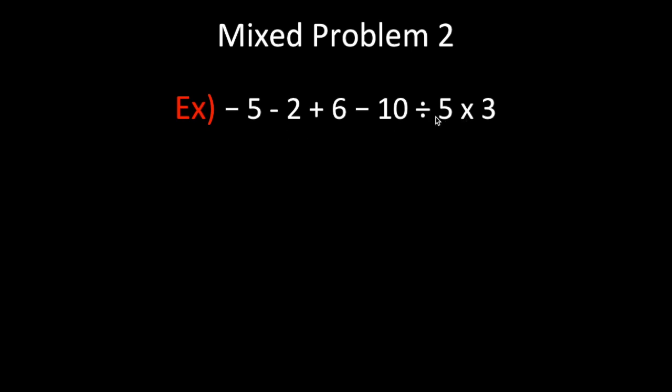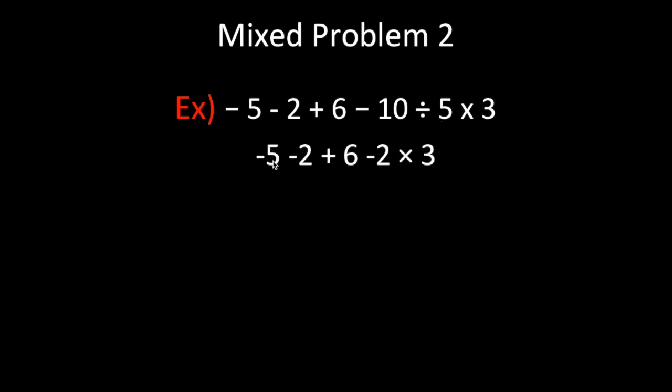We have multiplication, division, minus, plus. Because we have multiplication and division, we're going to have to do them first. But we have to make sure we solve them from left to right. So we see that this division is before the multiplication. We're going to do that first.